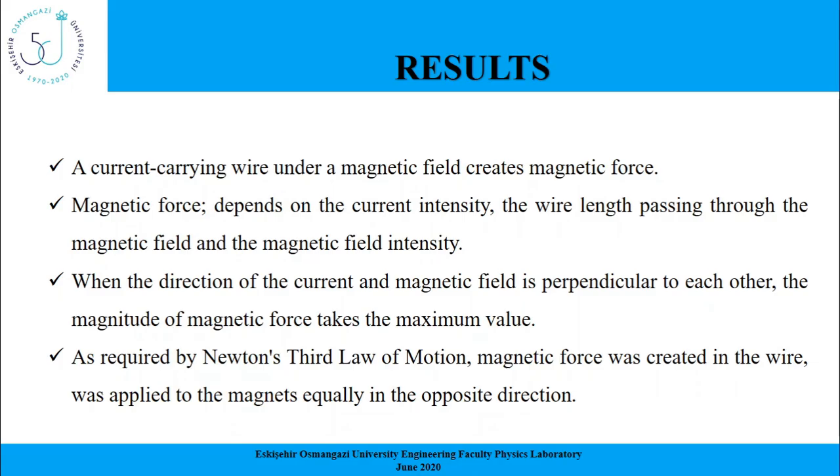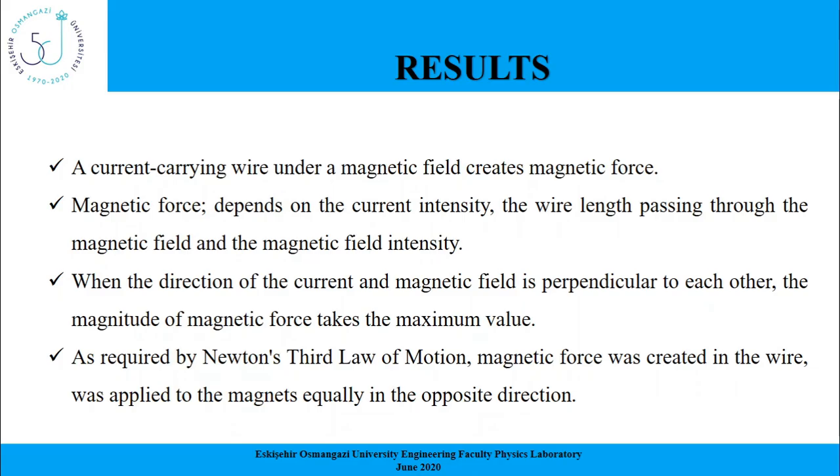A current carrying wire under a magnetic field creates magnetic force. Magnetic force depends on the current intensity, the wire length passing through the magnetic field, and the magnetic field intensity. When the direction of the current and the magnetic field are perpendicular to each other, the magnitude of the magnetic force takes the maximum value.